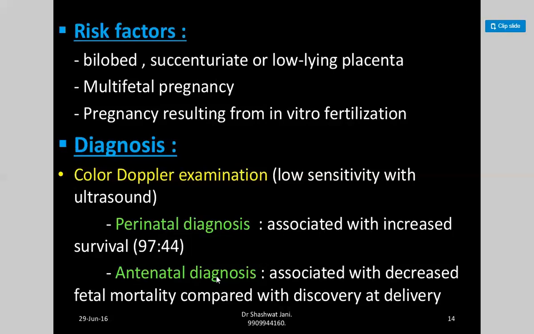Antenatal diagnosis, that is before the delivery, is associated with decreased fetal mortality compared with discovery at delivery. What is important is that the diagnosis of this condition should be done before the delivery, so as to decrease fetal mortality.